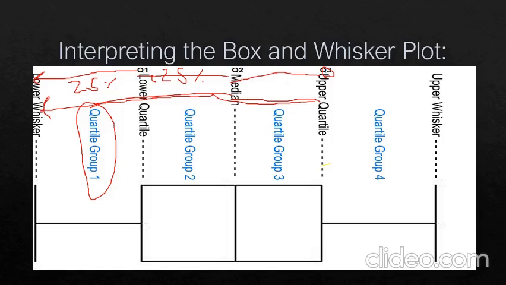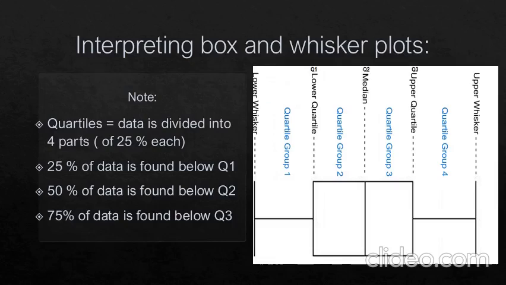So therefore now 25%, this is a horrible color, 25% of the data values will be higher than Q3, another 25, so 50%, another 25, so 75% of the values will be higher than Q1. If we look at something like this, just again, your data is divided into 4 parts of 25% each. 25% found below Q1, 50% below Q2, 75 below Q3.